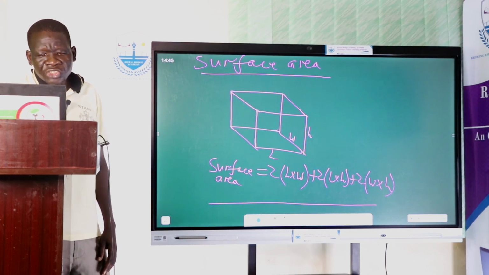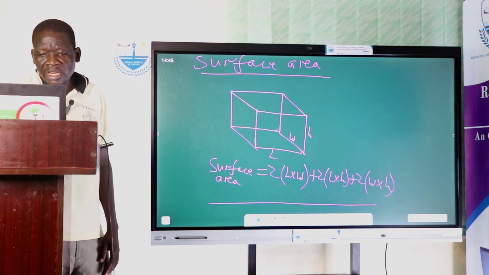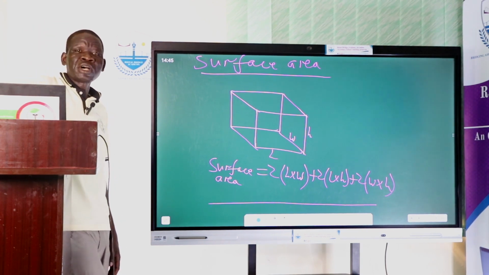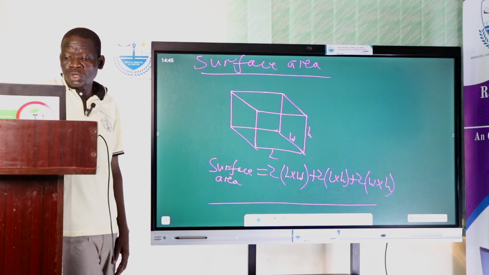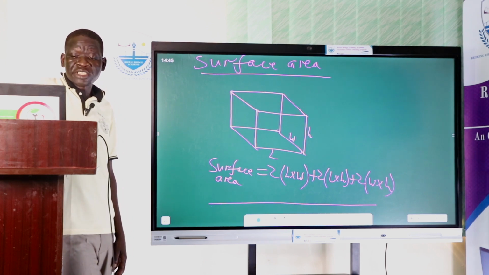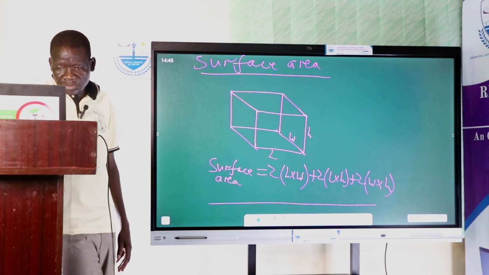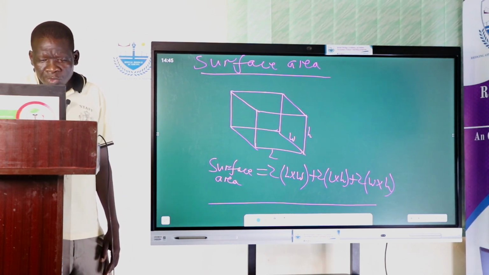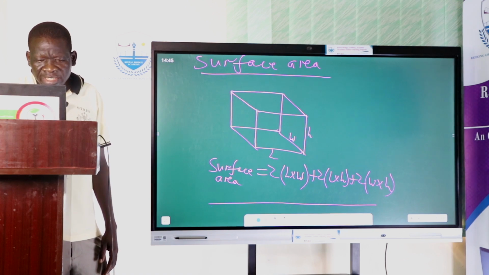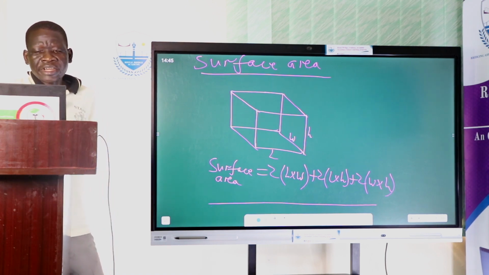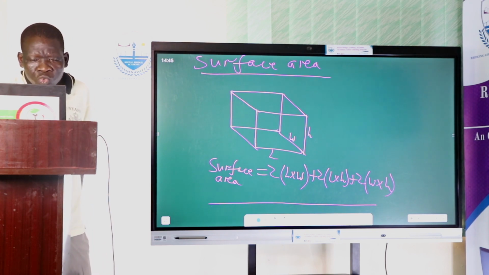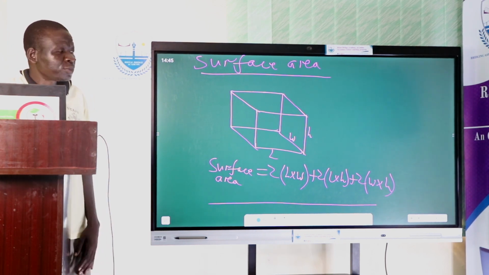We have other shapes, like, for example, cylinders. We have prisms, all have different surface areas. We can look at another shape, which we call the triangular prism.